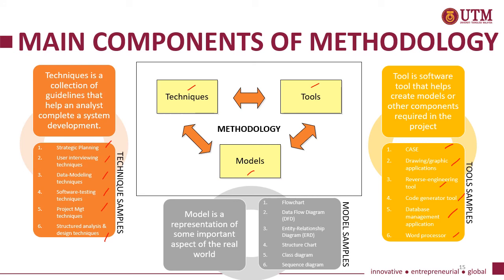What is a model? A model is a representation of some important aspect of the real world. There are 6 main examples of models. The first one is flowcharts, followed by data flow diagram, entity relationship diagram, structure chart, class diagram, and sequence diagram.